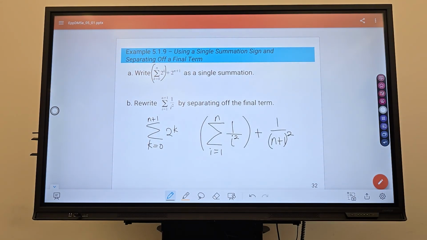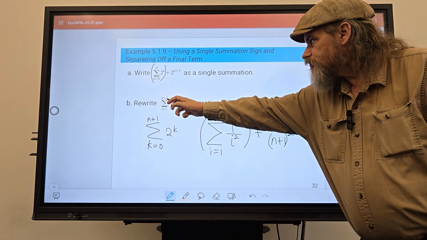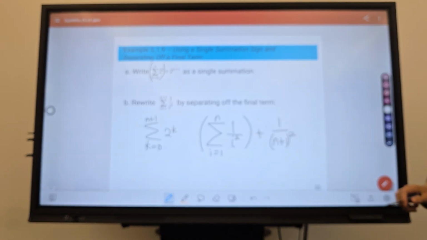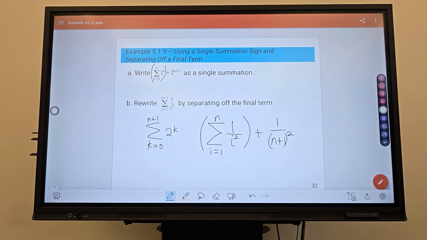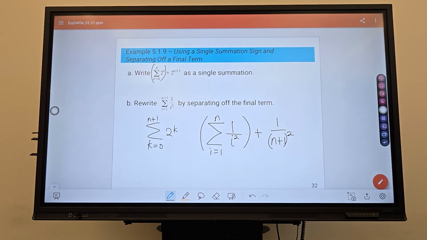Does that make sense? You're taking off the n plus 1 term and putting it out here, leaving the summation with the basic term. All right.